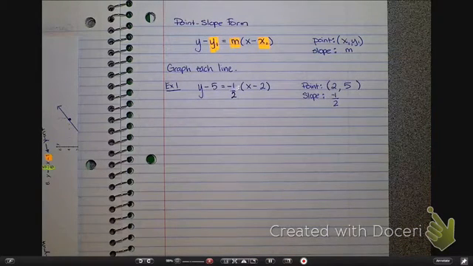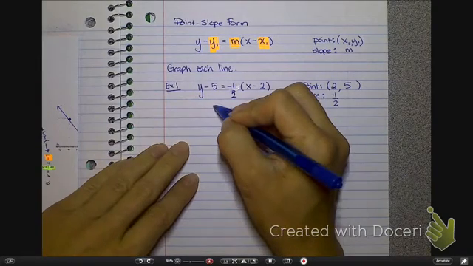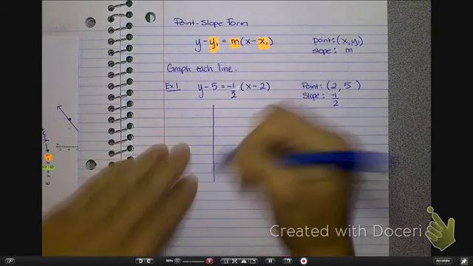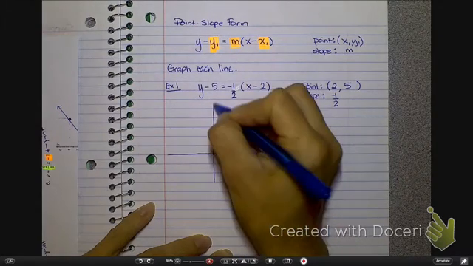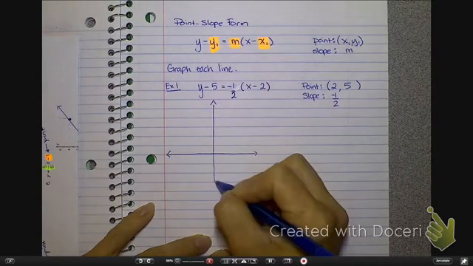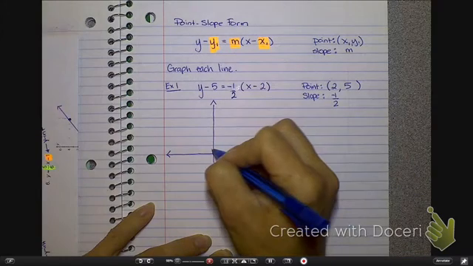Now, given that information, I can then go ahead and I can make a graph. So we're going to go ahead and we're going to draw a graph right now. Try to do a good job when you draw this. Try to make your spacing as even as you can.